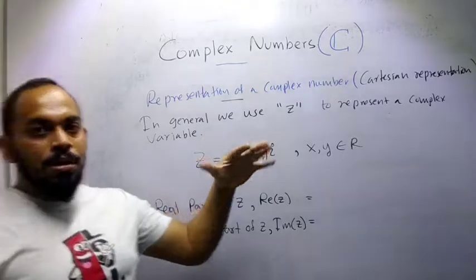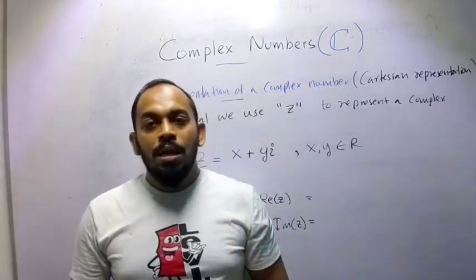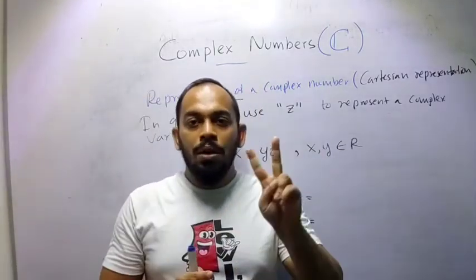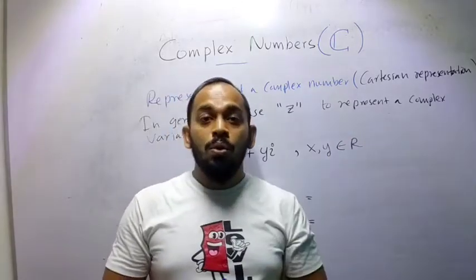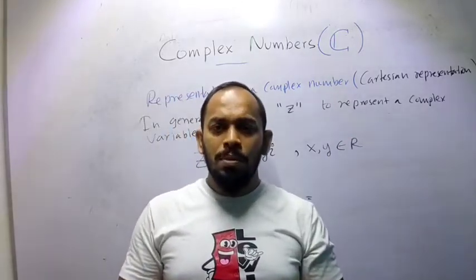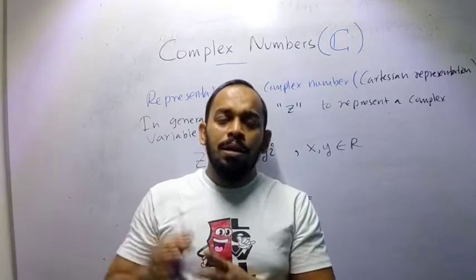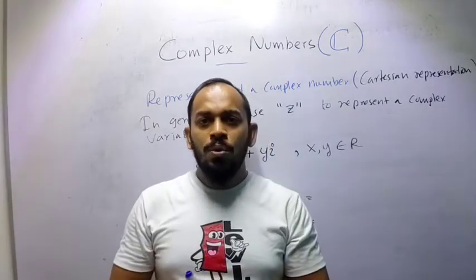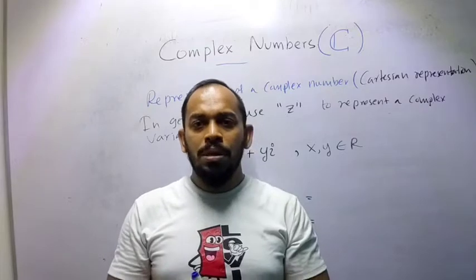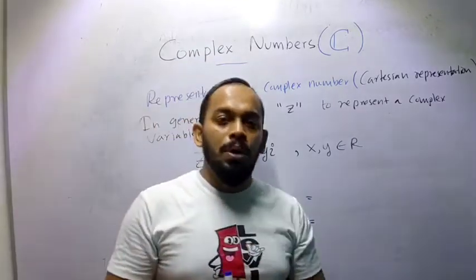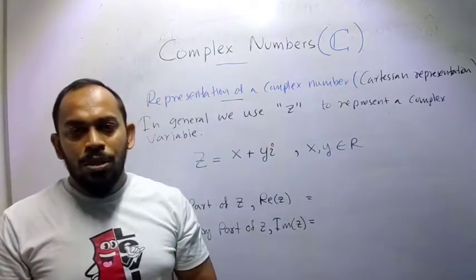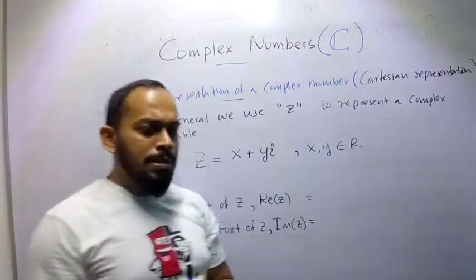And in this representation, there are several representations. In your syllabus you will see only two: Cartesian representation, and another one called polar representation of a complex number. But there's another representation which is called the exponential representation that is not included in your syllabus. So we will only learn about the Cartesian representation and polar representation of a complex number.